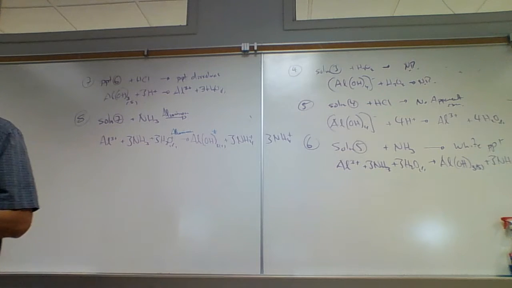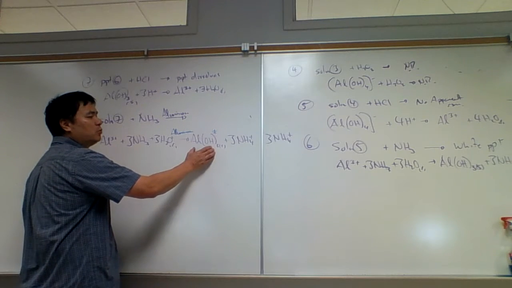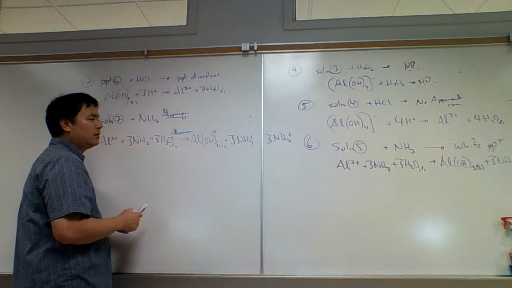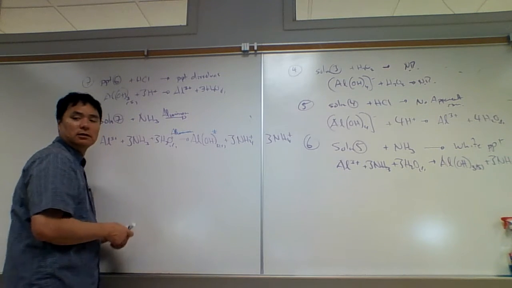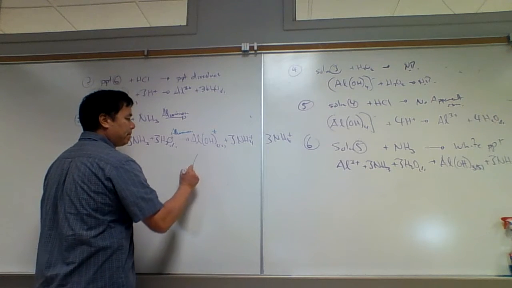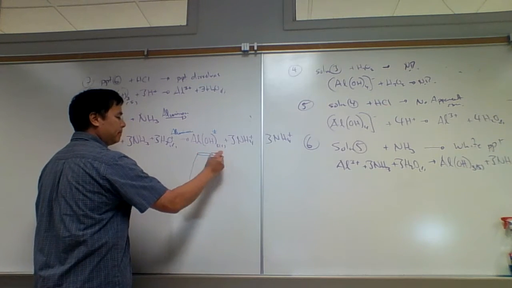And so all we need is a little bit of aluminon to get trapped in that lattice. When it gets trapped in the lattice, it discolors the precipitate. In fact, aluminum hydroxide should be white, but in the presence of aluminon, that precipitate is actually red.